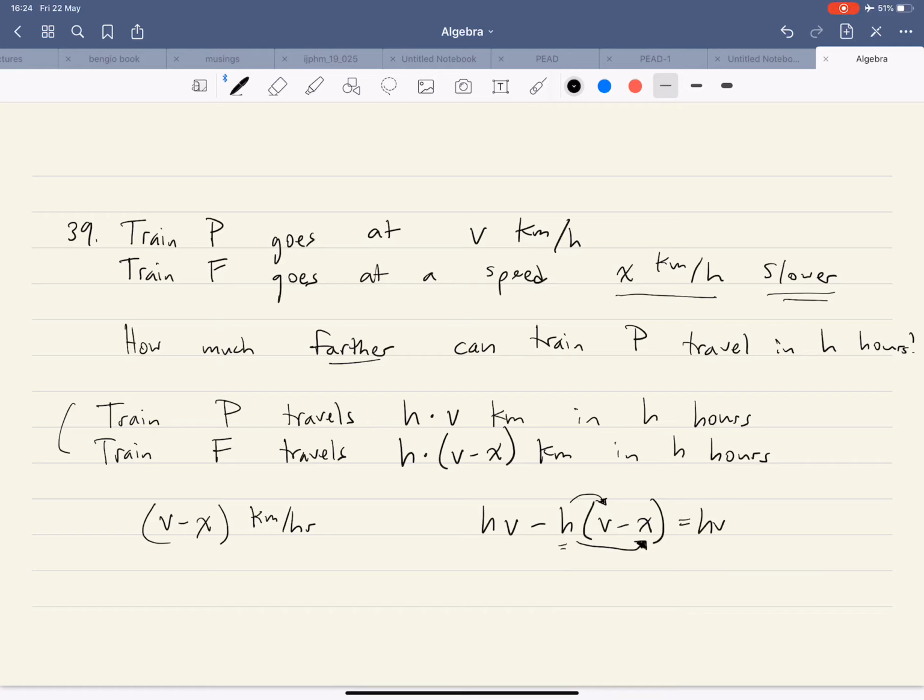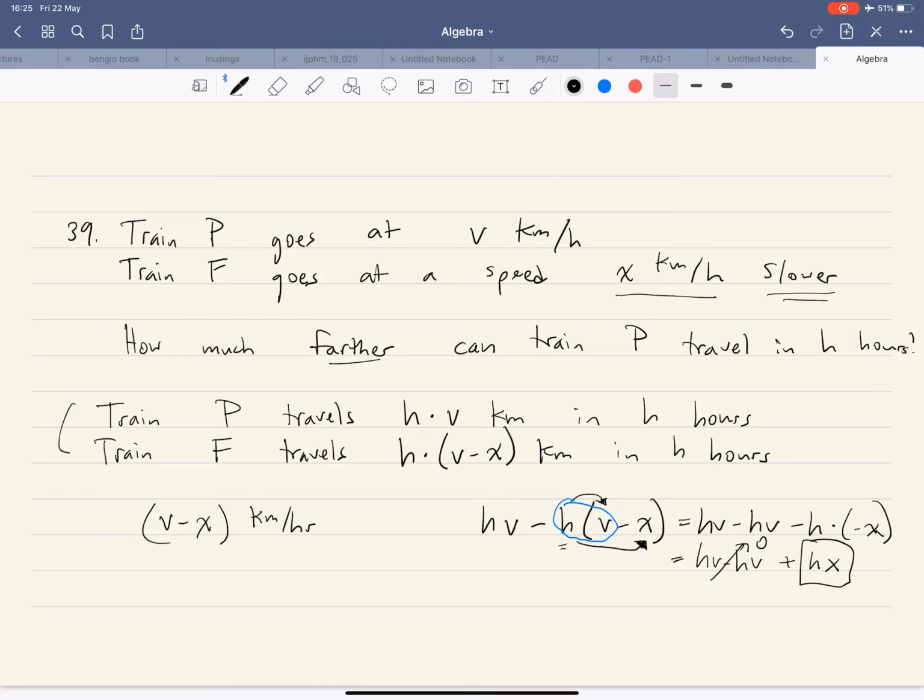So hv minus hv, that's this thing multiplied together, minus h times negative x, right? Which is going to be hv minus hv. That's going to go to 0. And then I've got minus h times negative x, which is going to be plus hx, right?